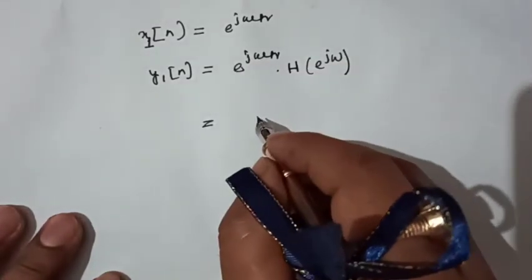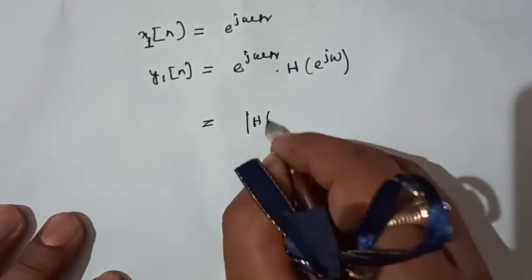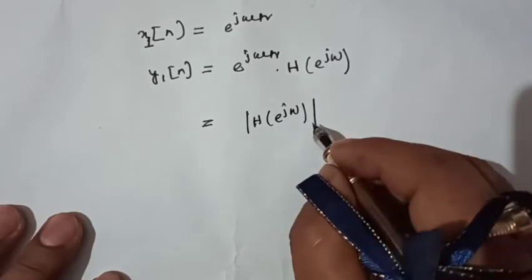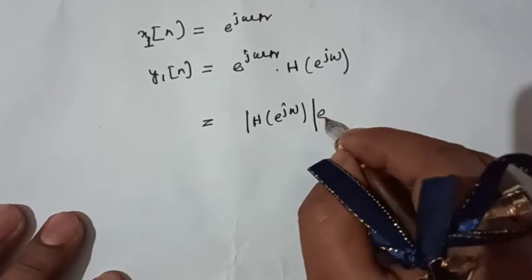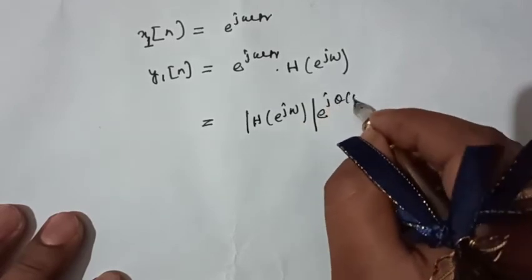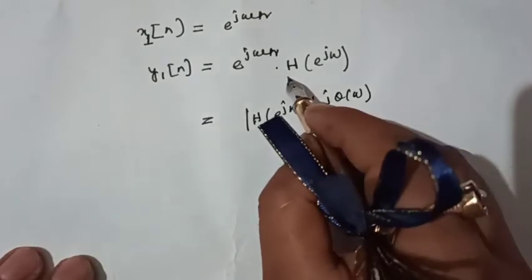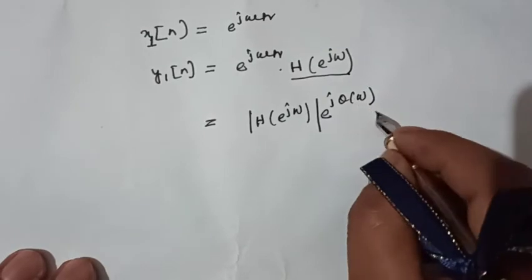In polar form, it is the magnitude of H of e to the power j omega into e to the power j theta of omega, into e to the power j omega n.